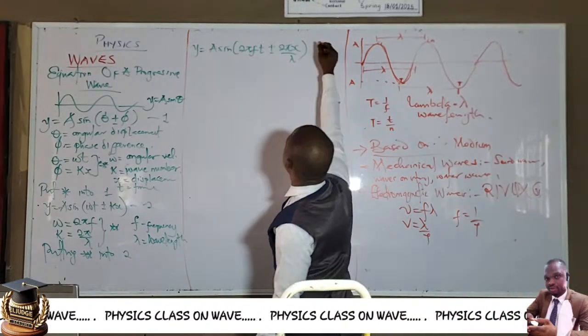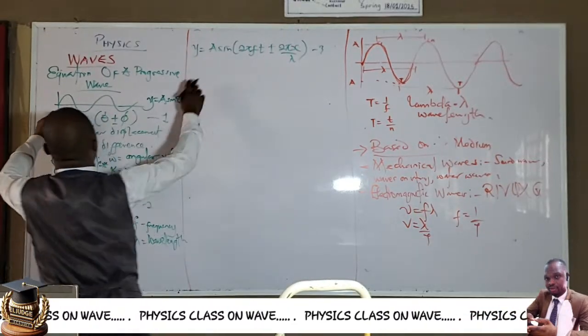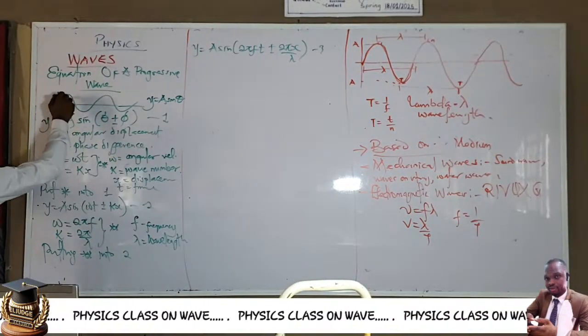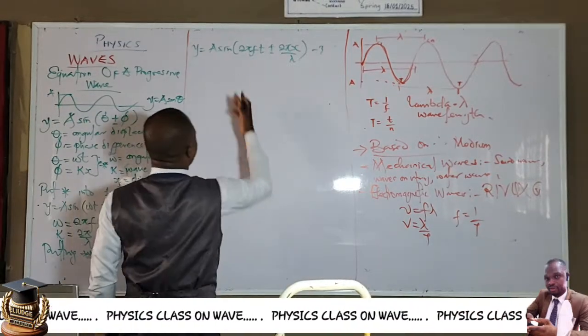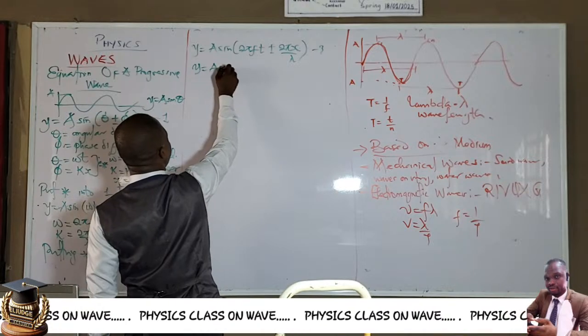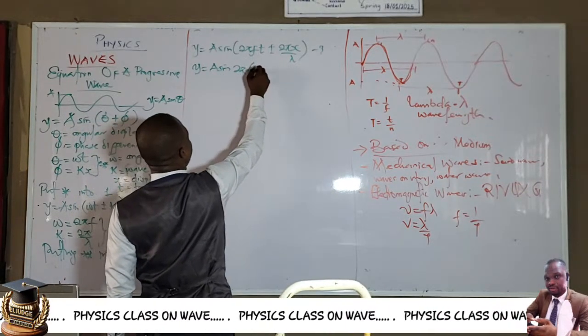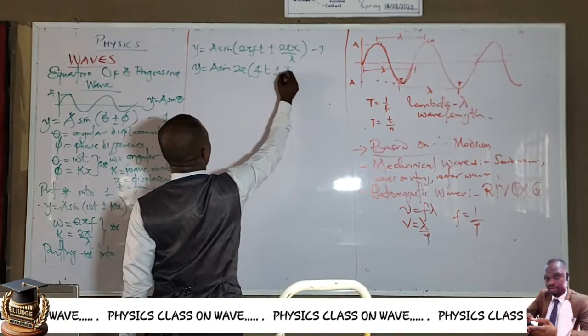This is equation 3. And looking at this, I hope I've told you that the A stands for the amplitude. So 2 pi is common in these two terms, so we have A sine 2 pi (f t plus or minus x over lambda).